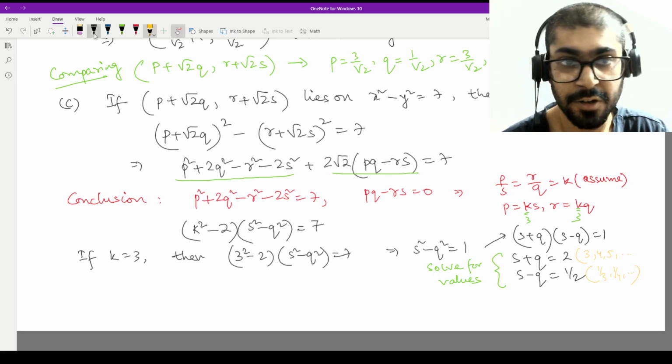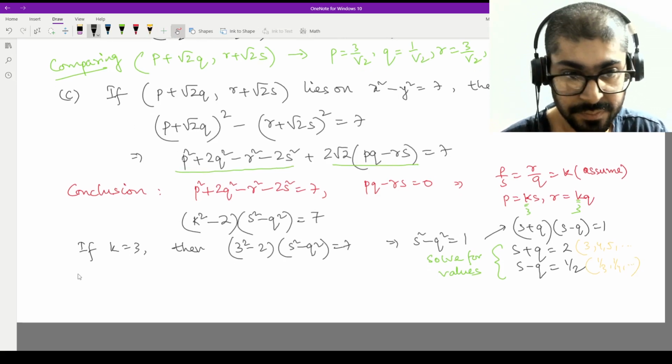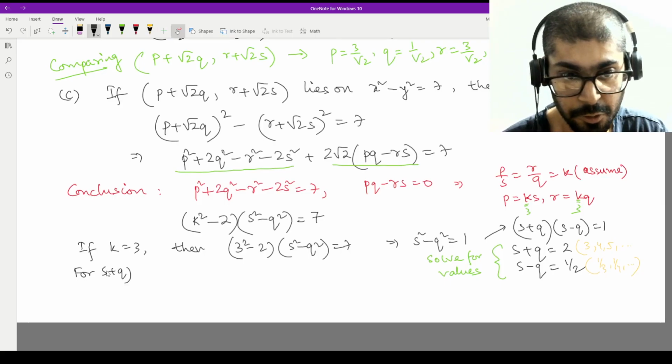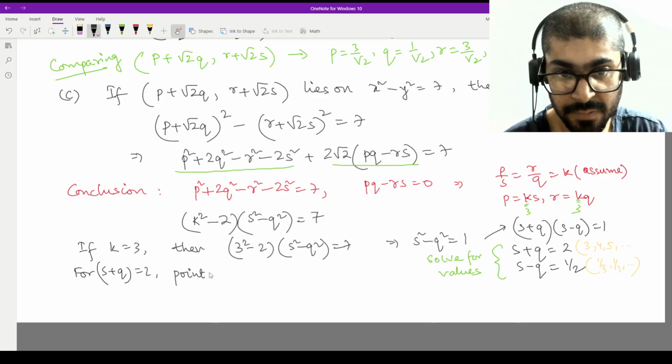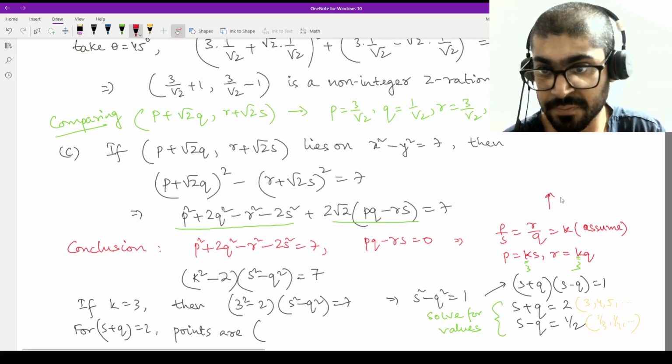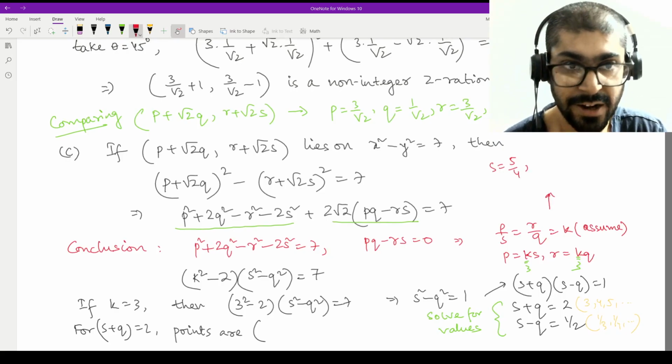Alright, so for s plus q equal to 2, what points would we get here? I'm writing them here, okay? The points would be s equal to 5 by 4. I'll write them one by one.